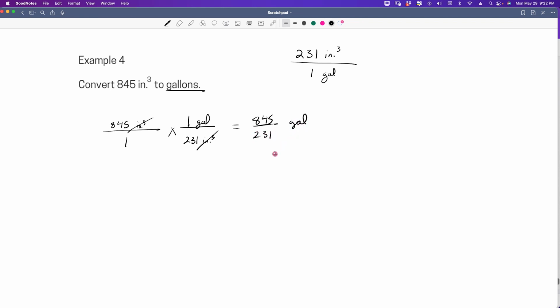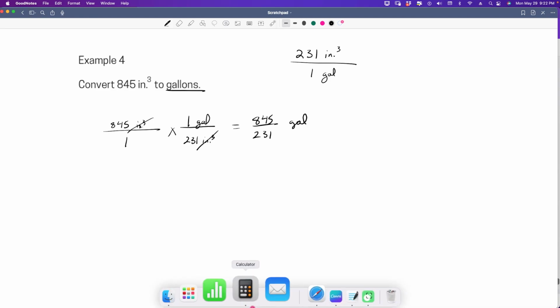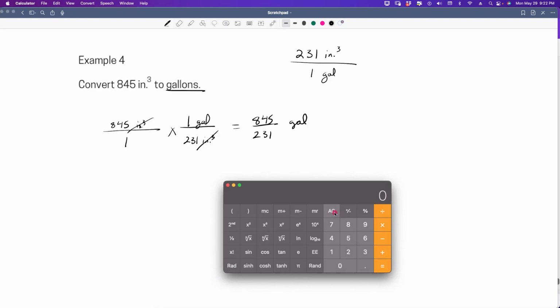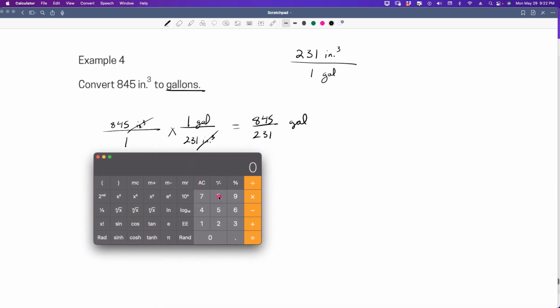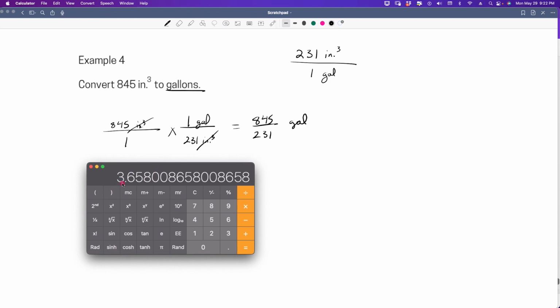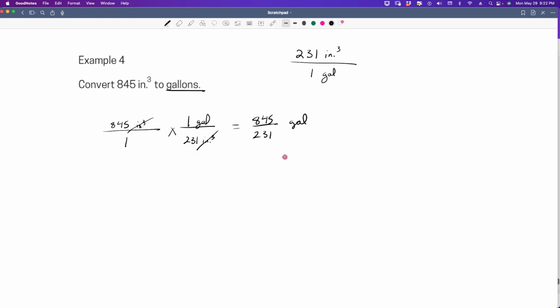And whatever that unit of measure ends up being will be gallons. So I'm going to pull up my calculator and I'm just going to put that in. 845 divided by 231. And that gives me 3.6580. So I'm going to round this to 2 decimal places, and I will get 3.66 gallons. And that is the answer that I'd be looking for in the system.